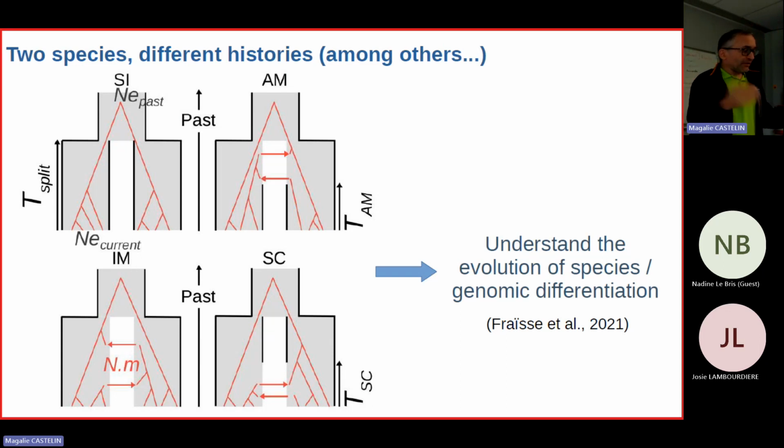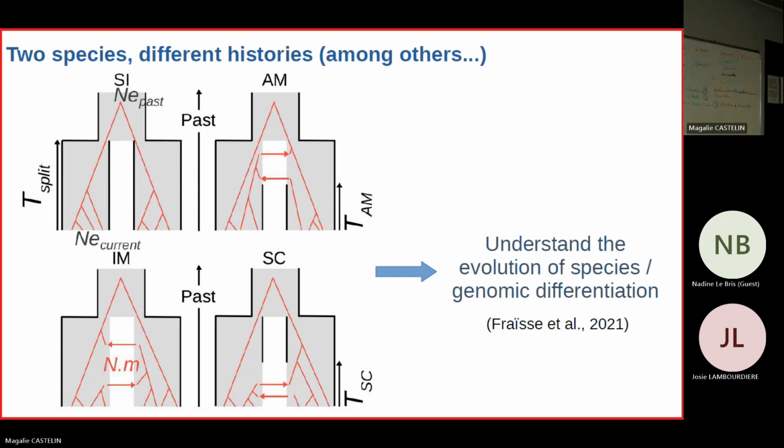But maybe the history between these different species can be quite variable, with different histories of divergence or speciation which can be observed.